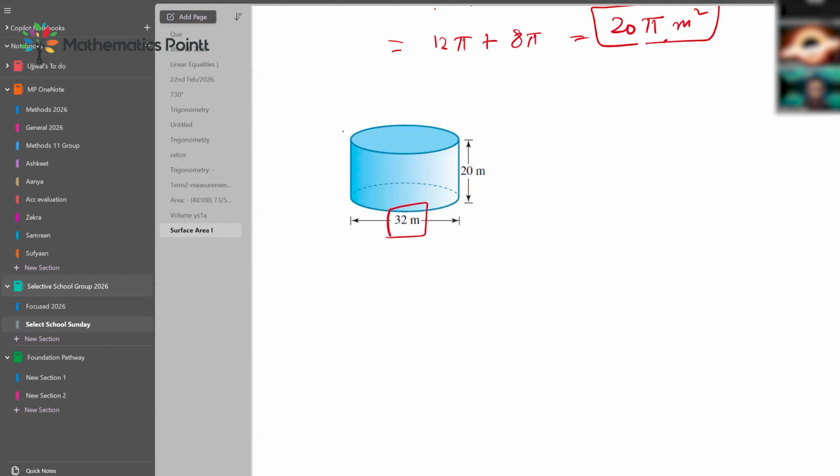So the radius is 16 this time. The R is 16, and the height is 20. You plug it in and you will get your answer. I'm just giving some more time to other kids to finish before we move on.